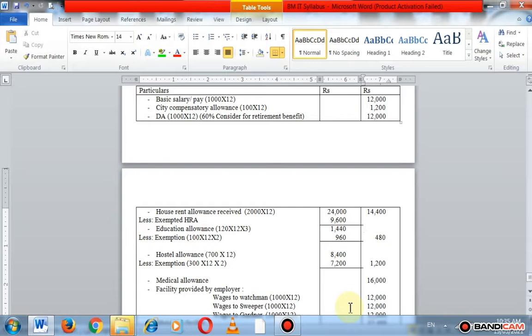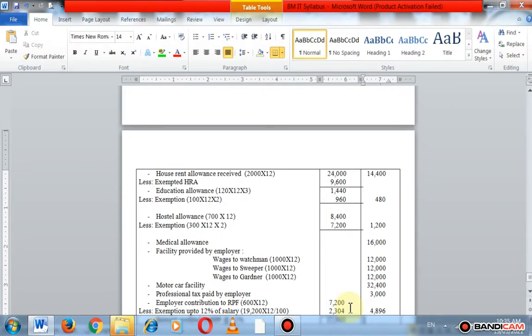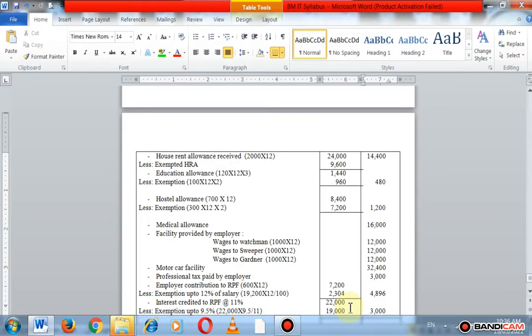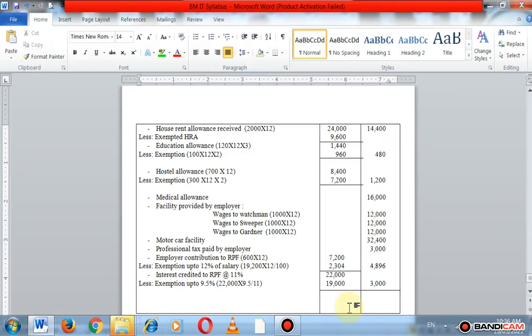Now make the total of the outer column, that is 12,000 plus 1,200 plus 12,000 plus 14,400 plus 480 plus 480 plus 1,200 plus 16,000 plus 12,000 plus 12,000 plus 12,000 plus 12,000, then plus 32,400 plus 3,000 plus 4,896 plus 3,000 plus 3,000.